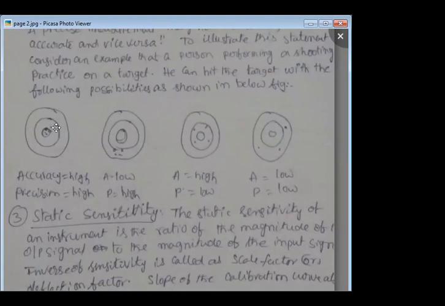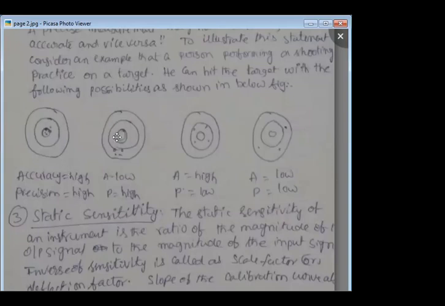In the first case, all four bullets are at the target circle and very near each other. That's why the accuracy is high and precision is high.